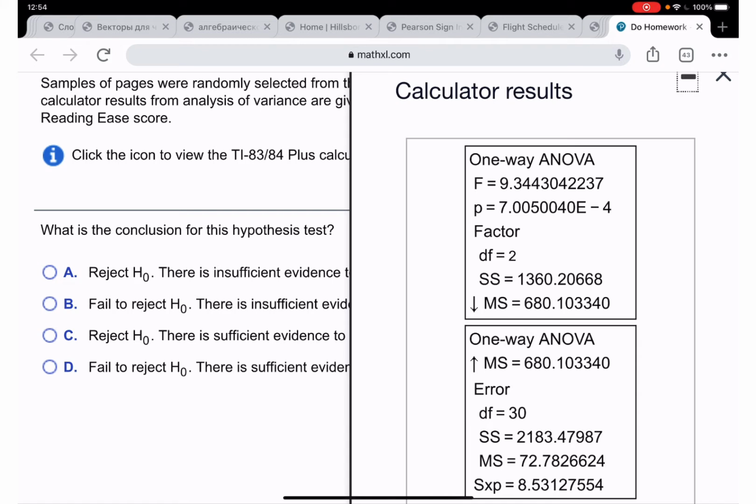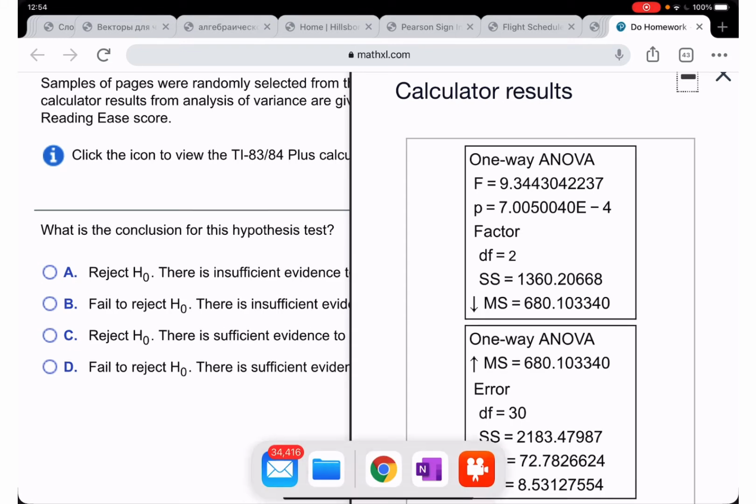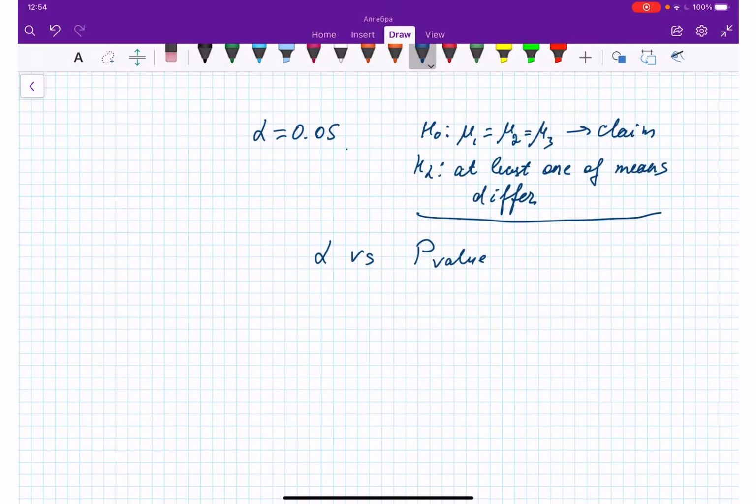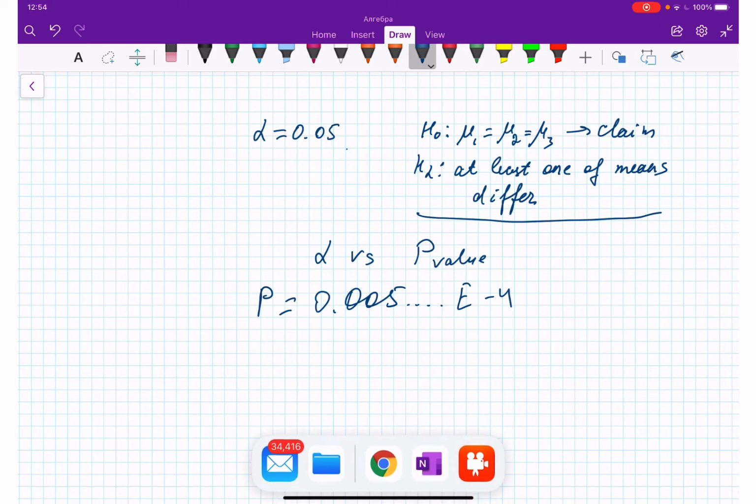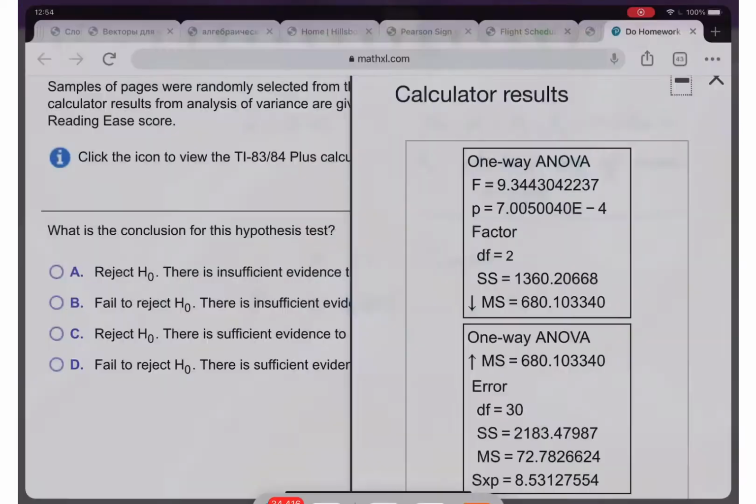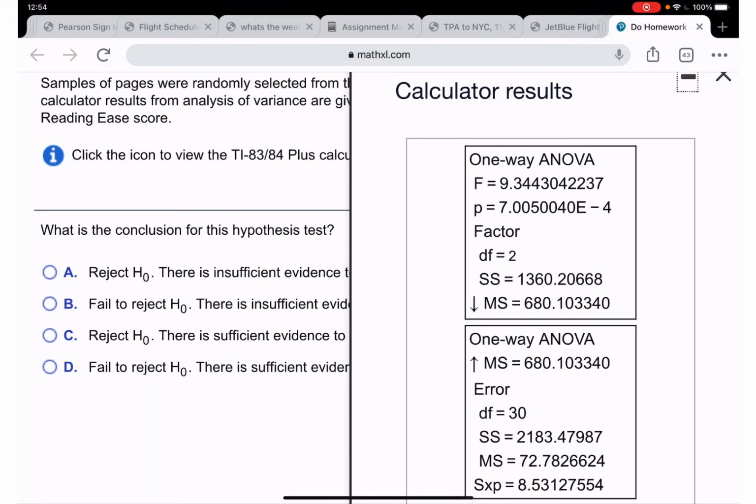Let me write it down. E negative 4. Am I right? 7.005, sorry.